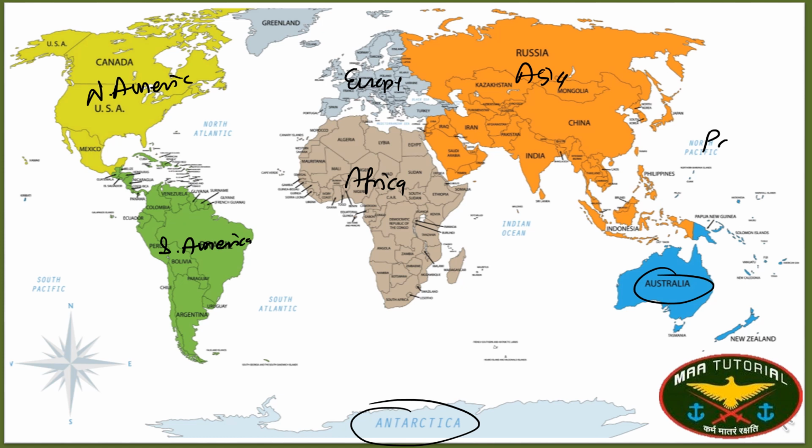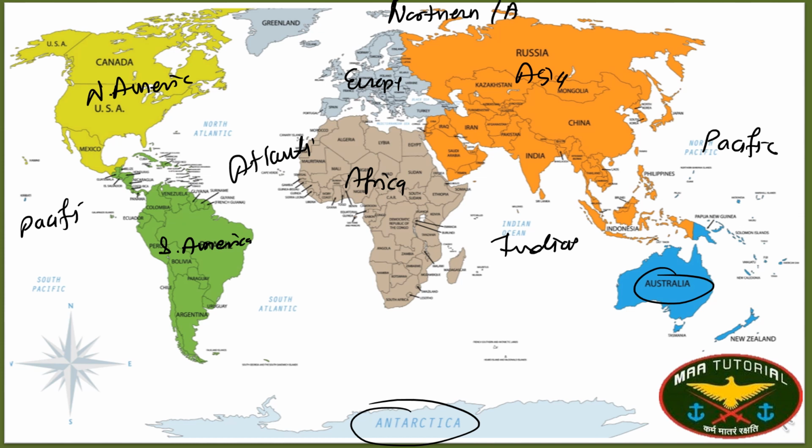The oceans are Pacific, Atlantic, Indian, and Northern or Arctic or Southern or Antarctic Ocean. This is the present image of the world.